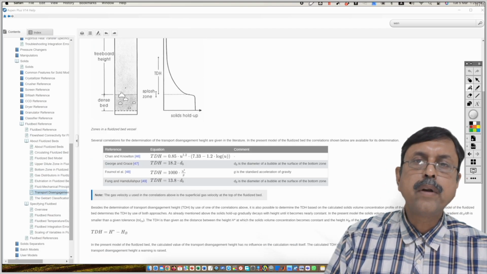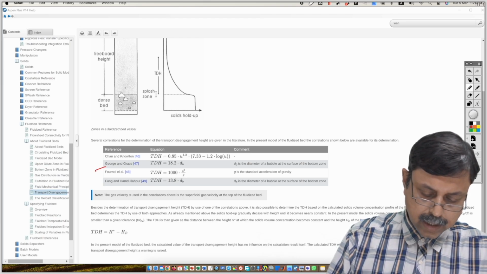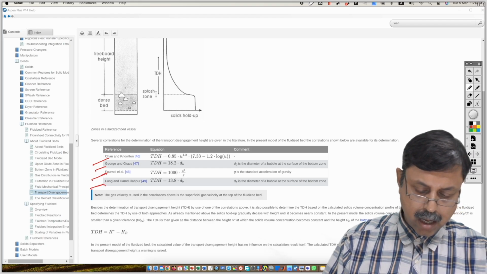There are several correlations as I have shown over here: George and Grace, Chen and Knowlton, Fournol et al., Fung and Hamdullahpur.